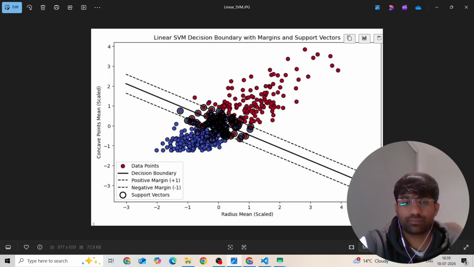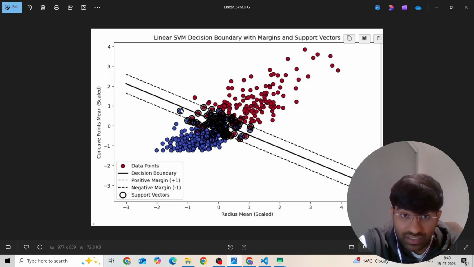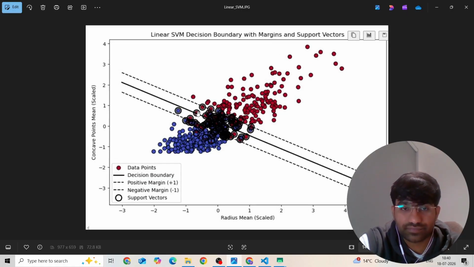The blue points are non-cancerous, and the red points are cancerous here. And it has built the hyperplane like this. And see those support vectors. It has drawn a black circle around some points, if you look closely.